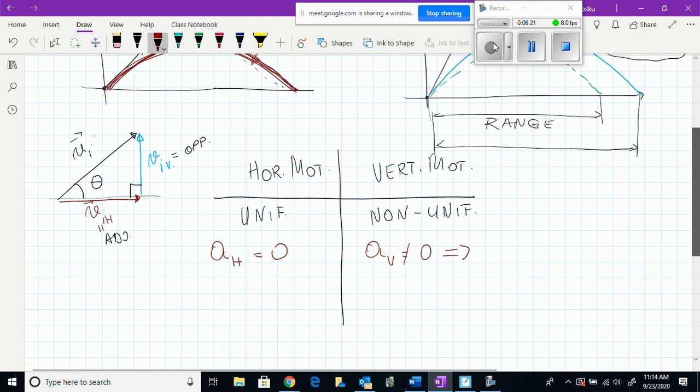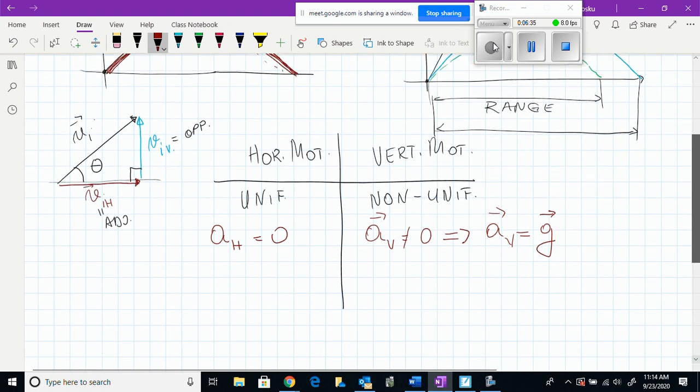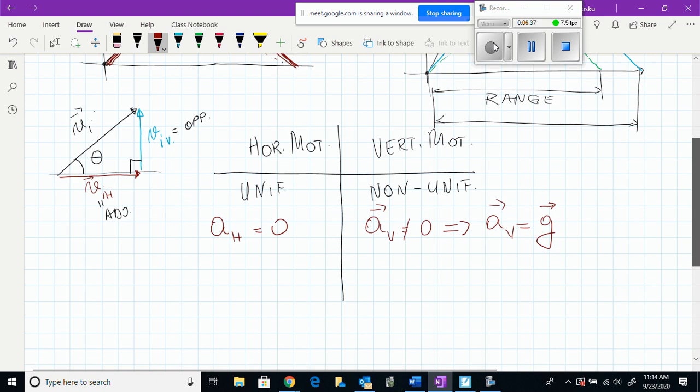Acceleration on the vertical axis, if we use the vector sign, is equal to the acceleration due to gravity, which, since we are throwing objects at the surface of the Earth, will be 9.81 meters per second squared going down.